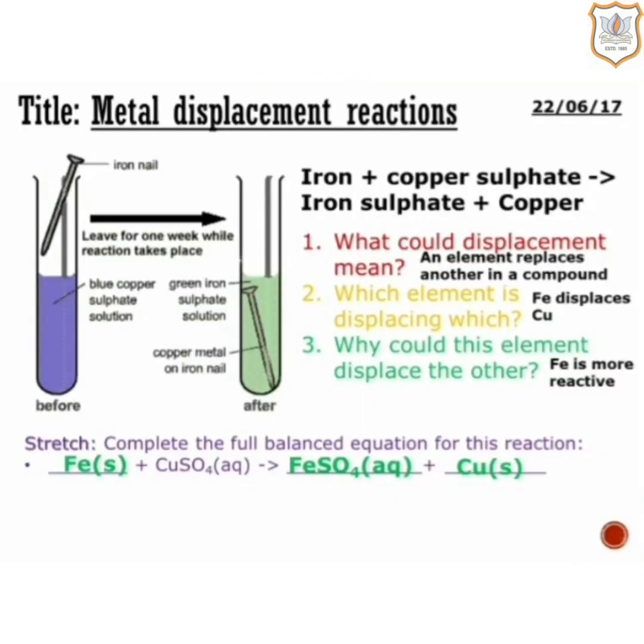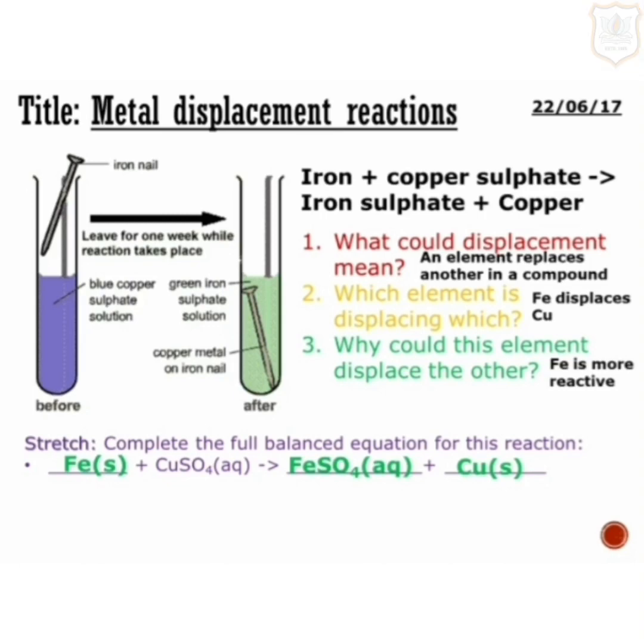Here we are taking blue colored copper sulfate solution in a dry test tube and putting iron nails in it and leaving it for a week or overnight. Think, what will happen? We can observe that the blue color of the solution changes to light green and brown colored copper metal gets deposited over the iron nails.